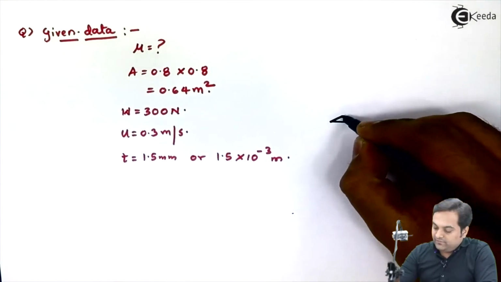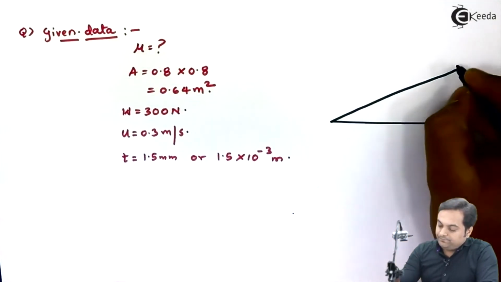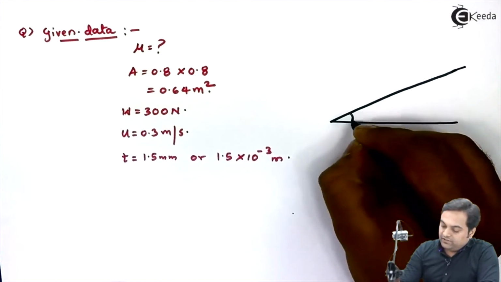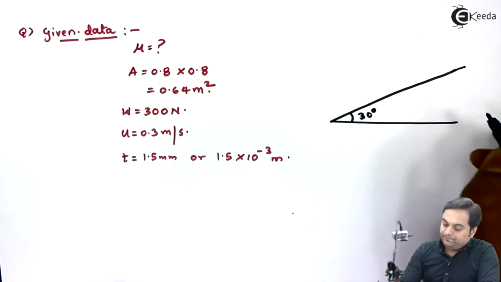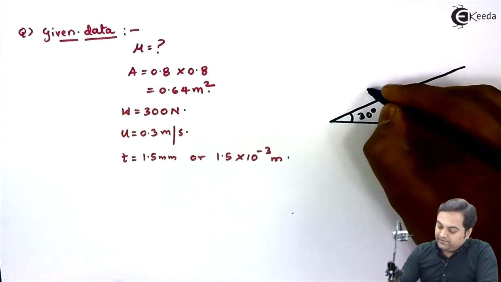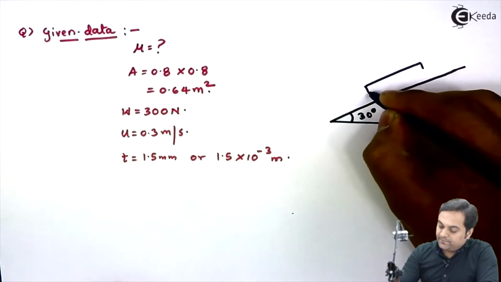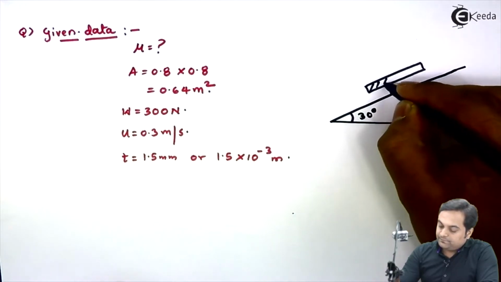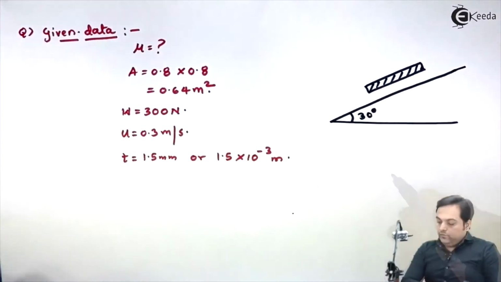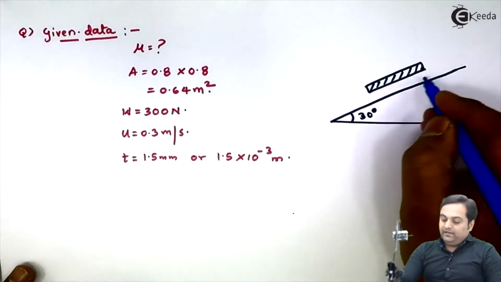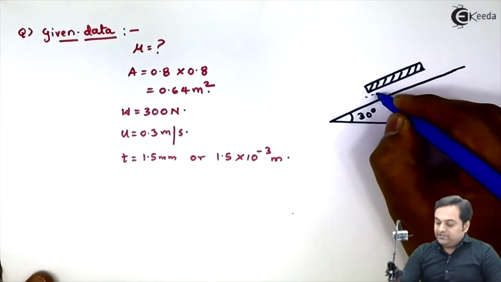Here in this diagram we have an inclined plane whose inclination is 30 degree, and over that plane a plate is kept which is square in shape. Now between the plane and the square plate there is an oil film.